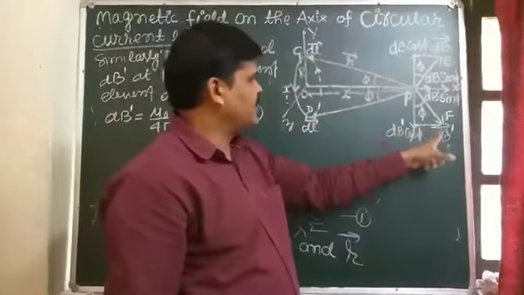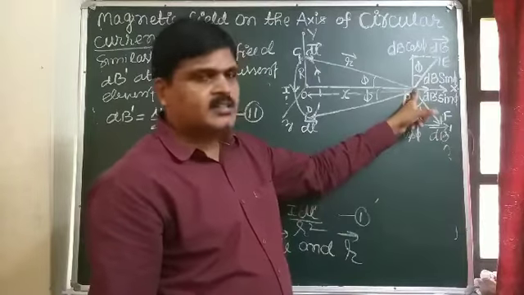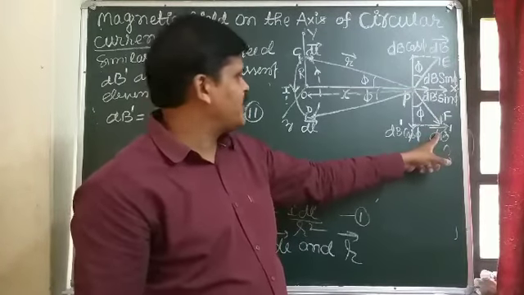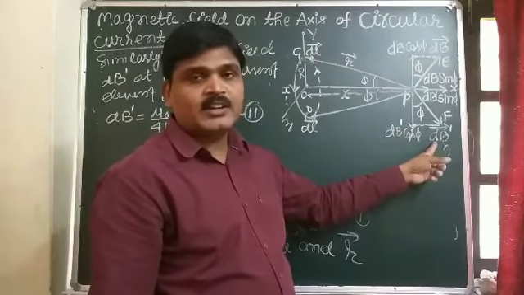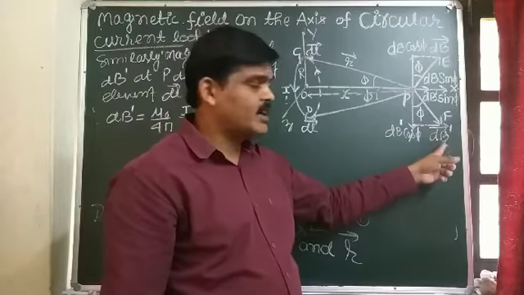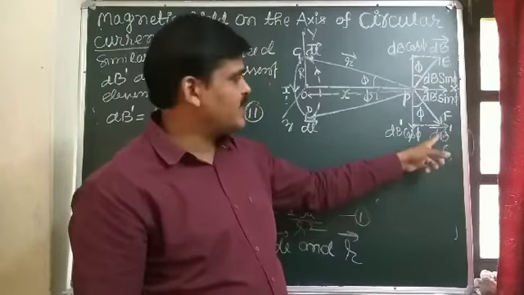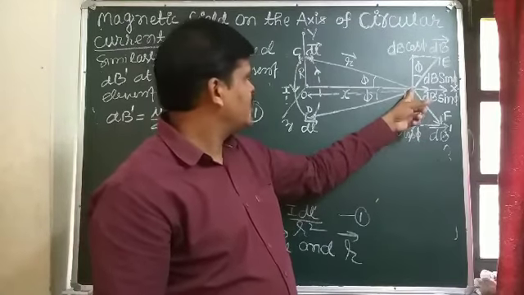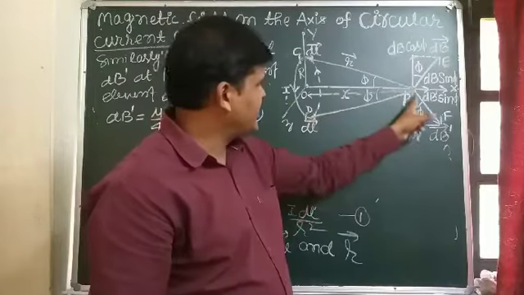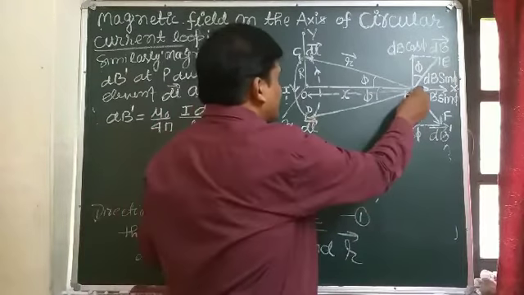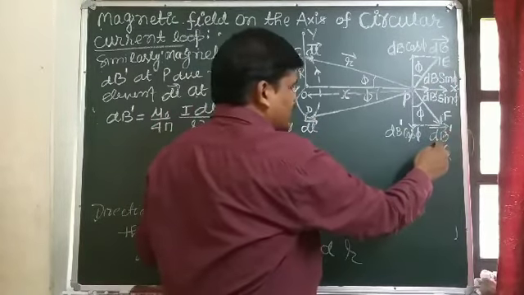And dB dash is also perpendicular to the plane containing dl and r, and it is directed perpendicular to DP.